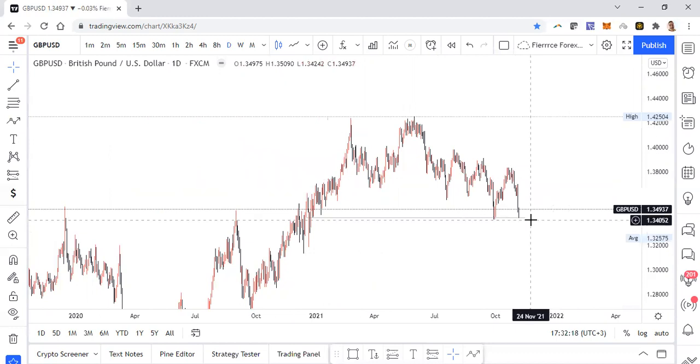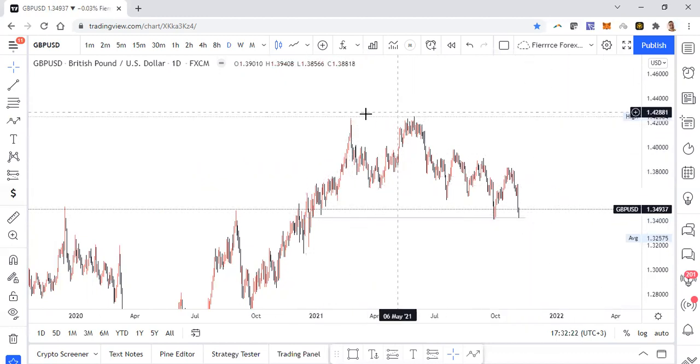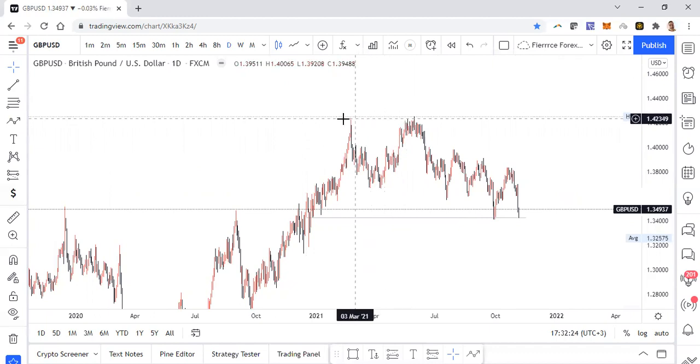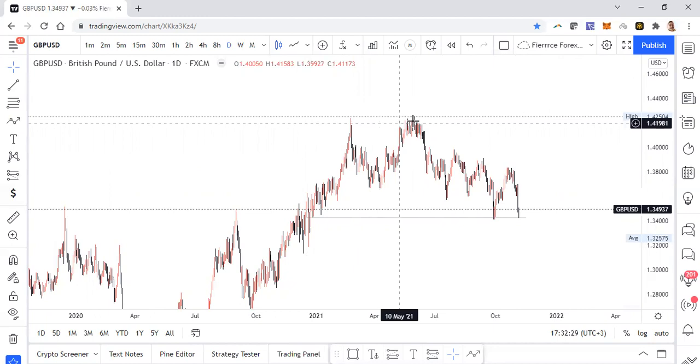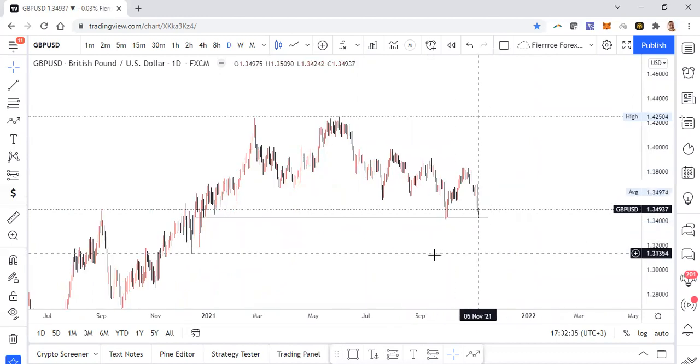But I'm really looking forward to a retest and a continuation. Although we failed to break this high here, which is basically a high that hasn't been broken in a couple of years. So that may explain why we are now pushing lower as well.